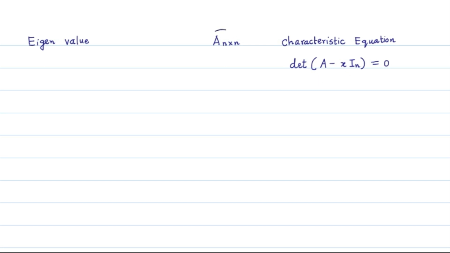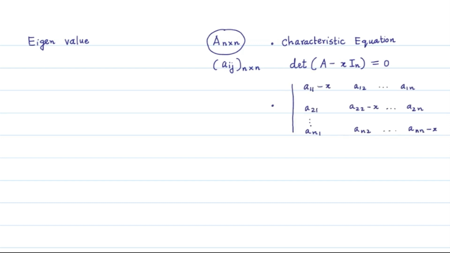If the matrix A has entries a_ij, then we notice that this characteristic equation is given by the determinant of the same matrix capital A except that the diagonal entries are a11 minus x, a22 minus x, and the nth one is ann minus x.